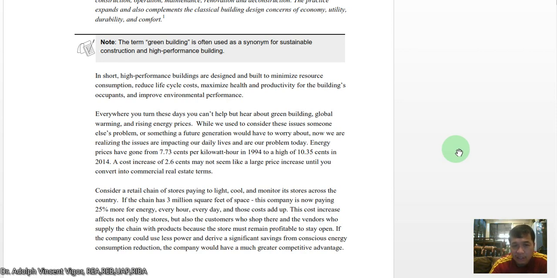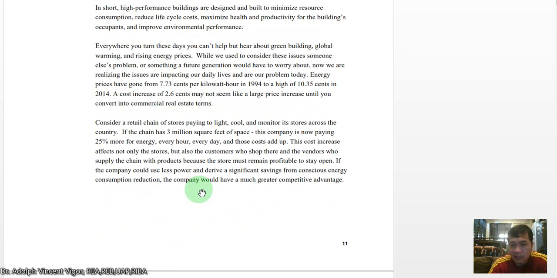Consider a retail chain of stores paying to light, cool, and monitor its stores across the country. If the chain has 3 million square feet of space, this company is now paying 25% more for energy every hour, every day, and these costs add up.